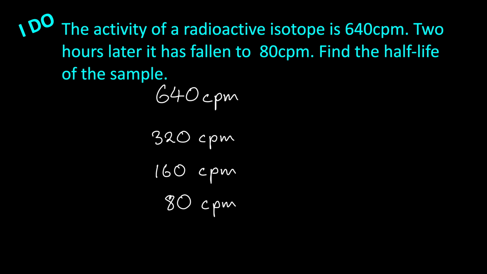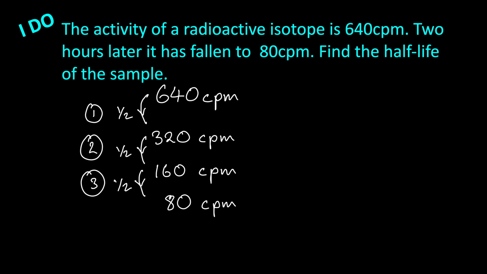Remember, half-life is the amount of time it takes for the activity of a sample to halve. In this case, this sample has undergone 3 half-lives. And this took a total time of 2 hours.